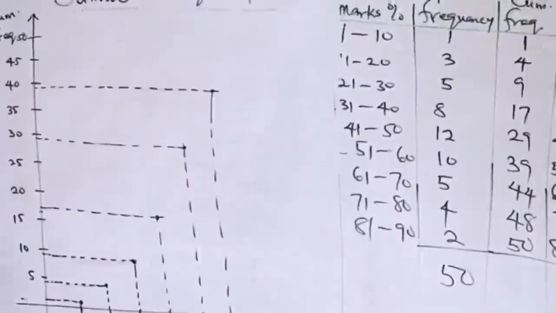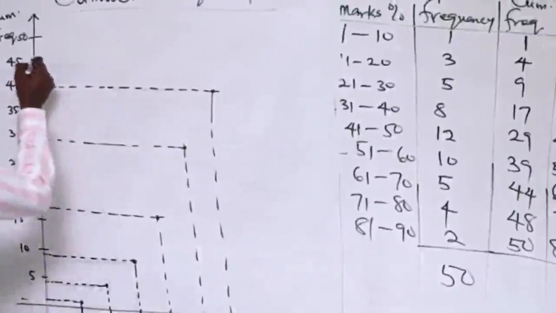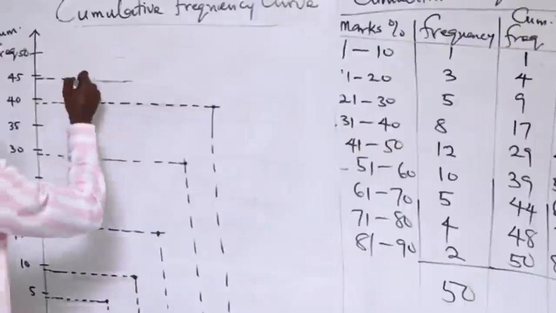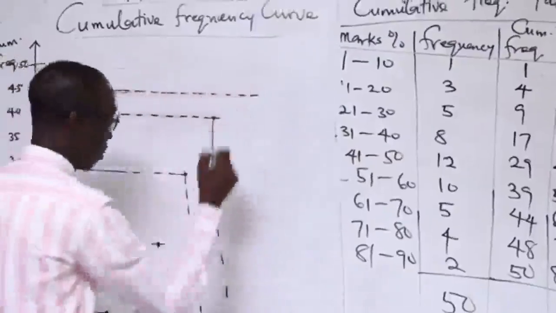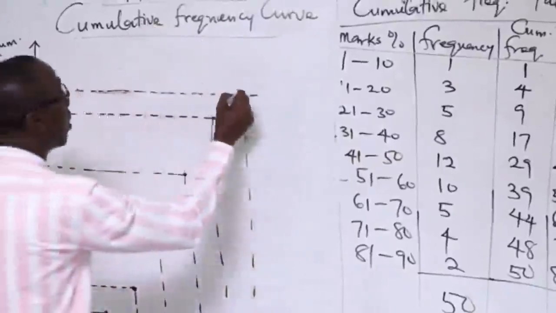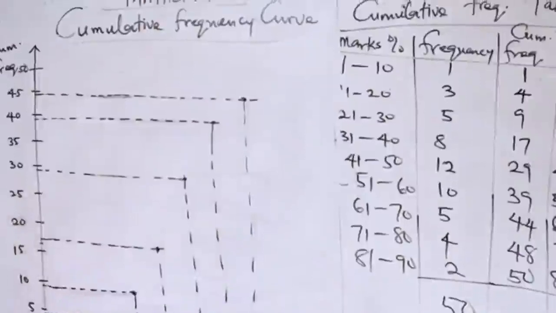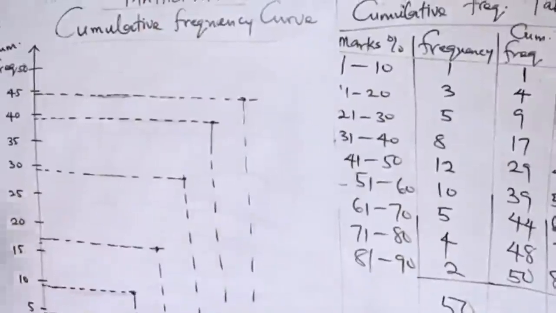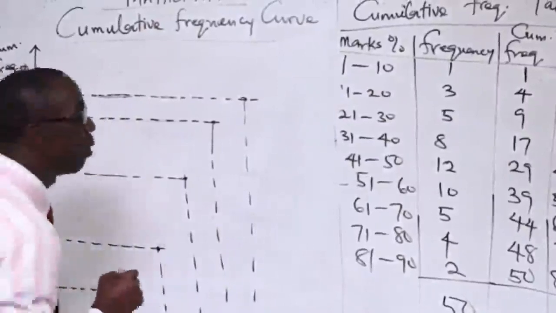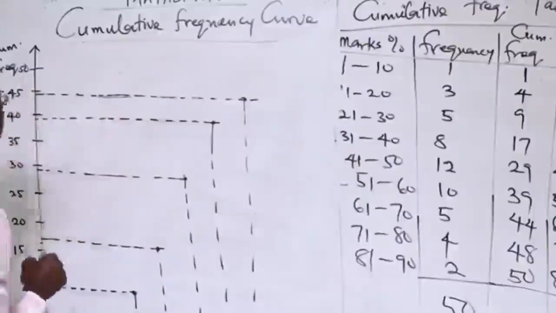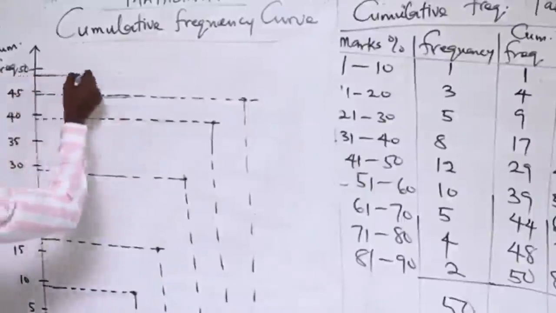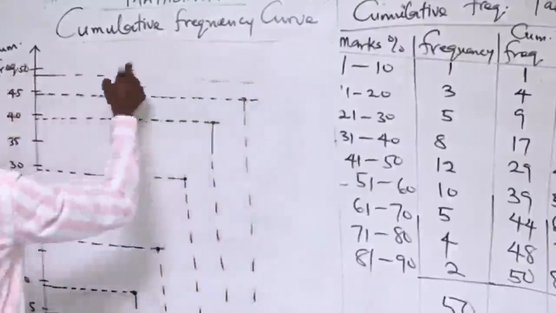Then 44, 2 O's down from what? 45. Then 48, 4 O's down from where? From 50. 4 O's down from 50. Because 2 O's gives you what? 1.